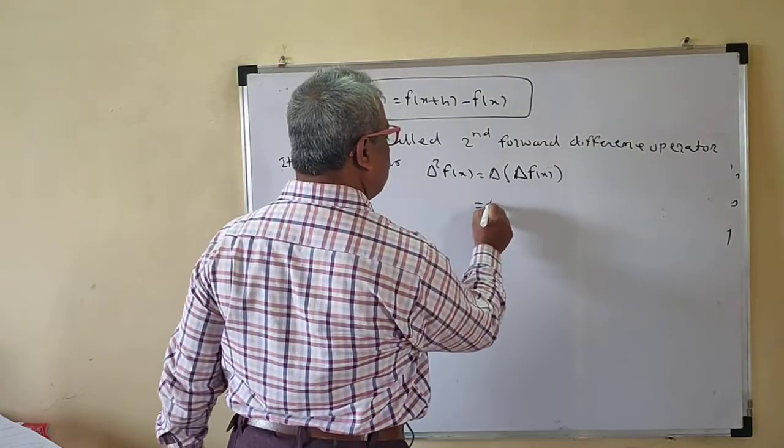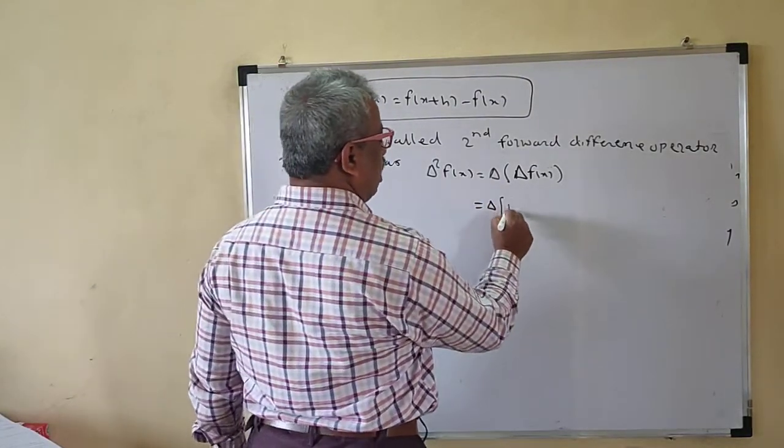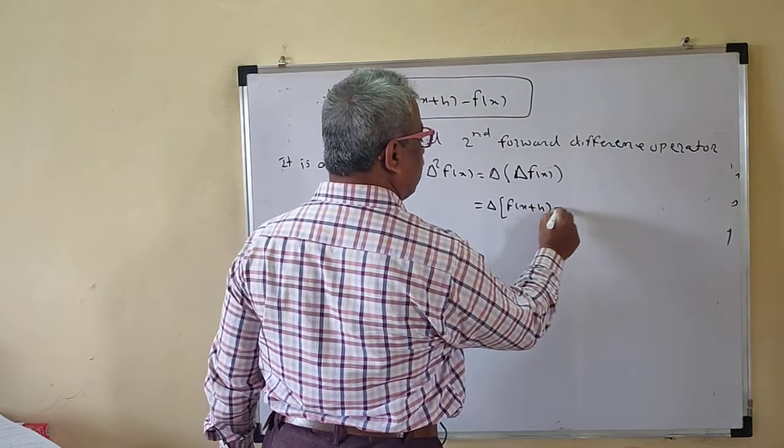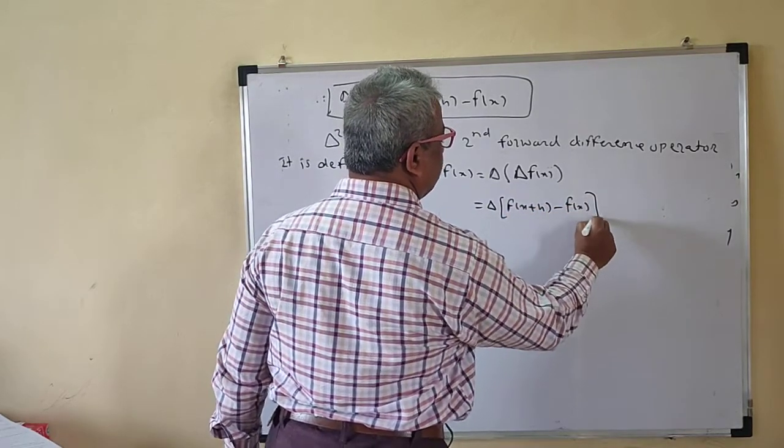So this is delta of f of x plus h minus f of x.